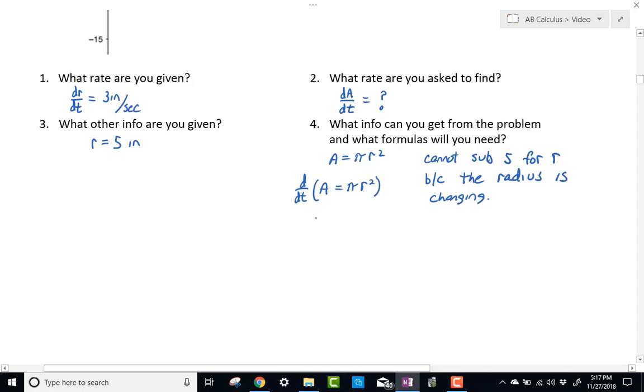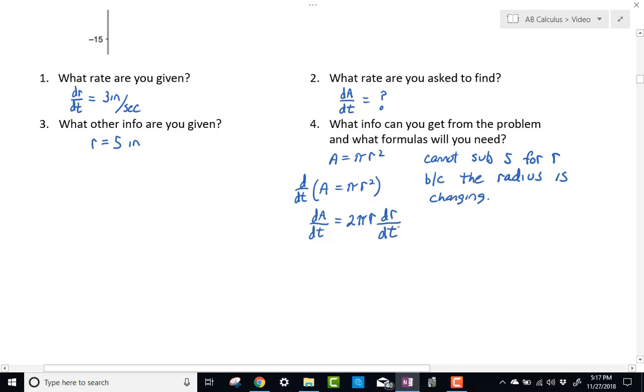Alright, so that's dA dt equals, now we're going to take the derivative of the right side, so taking the 2 down in front, that's going to be 2 pi r times the derivative of r, so that's dr with respect to time, dt.